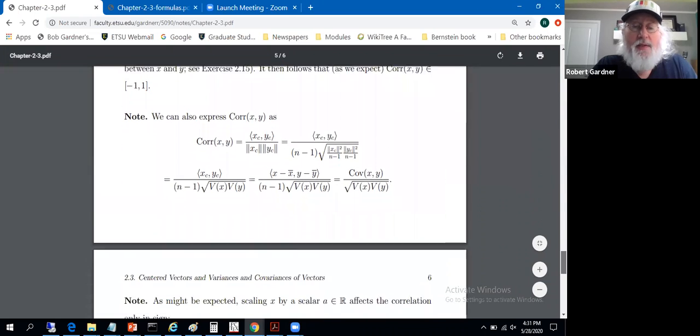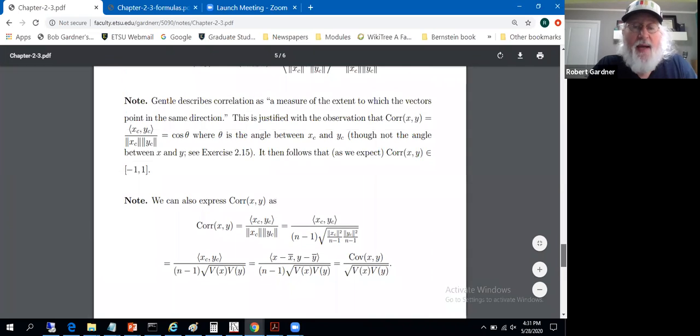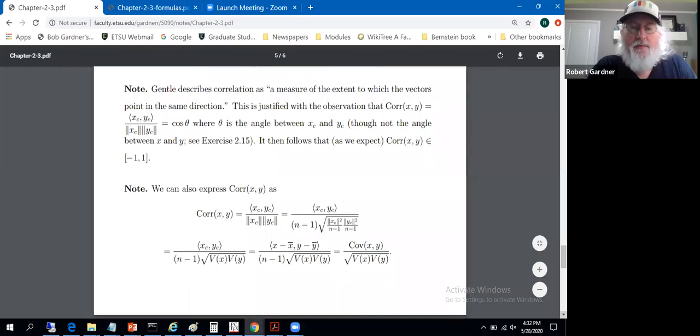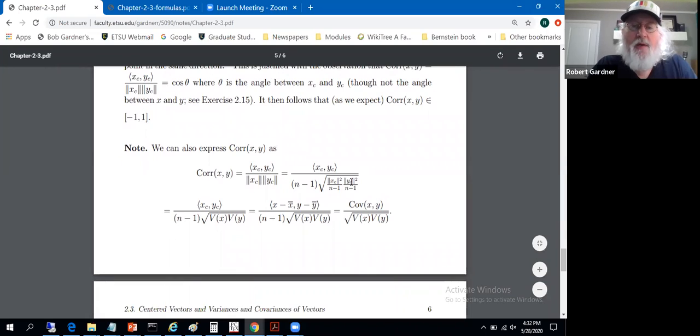And let's see, I promised to try to link this back to some formulas you've seen before. We're close. Correlation between x and y, we defined it like this. Let's take that denominator and play with it. I'm trying to get out something.